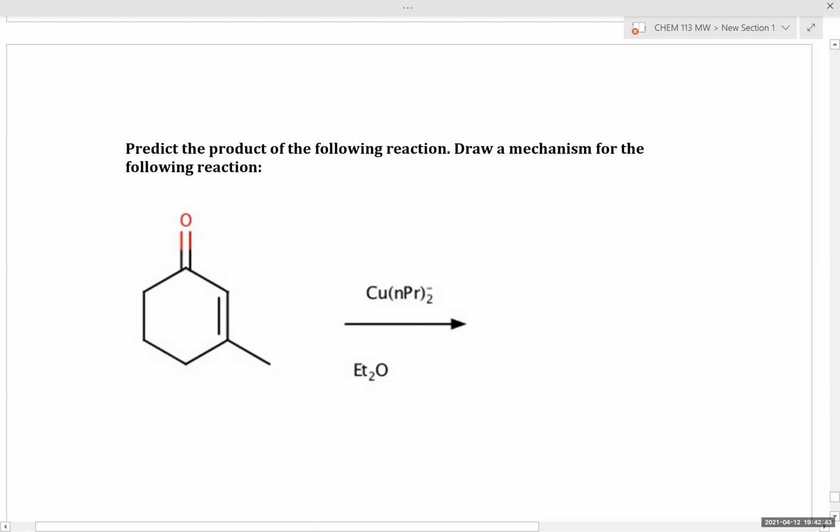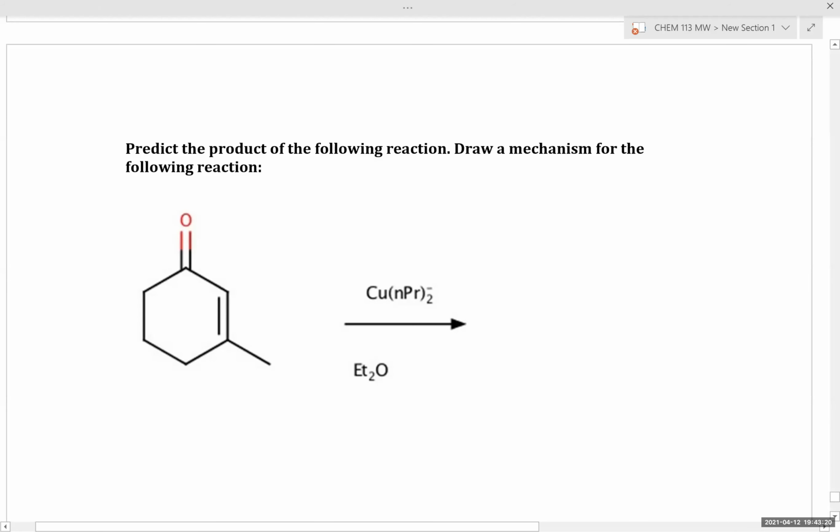So are there any questions that I can address, or does anyone have a proposed mechanism that they'd like to share? So we have a lot of students commenting copper, like most Gilman reagents, prefers to attack 1,4. Okay. Would someone like to draw out that conjugate addition mechanism?